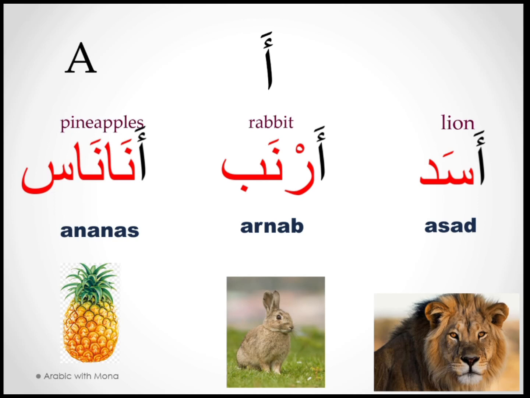Now, let's move to Kasra. So, this is Alif with no haraka, no fatha, no dhamma, no kasra. And this is Alif with fatha.